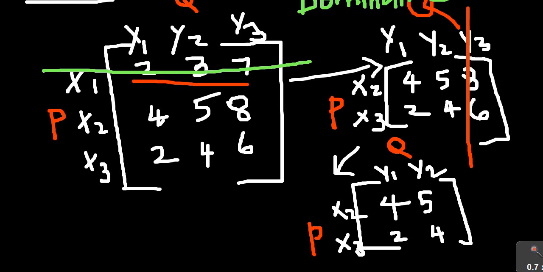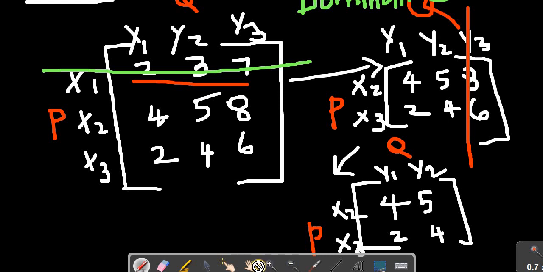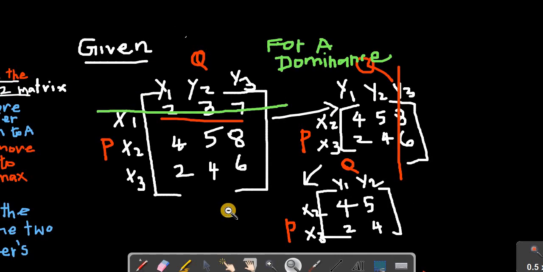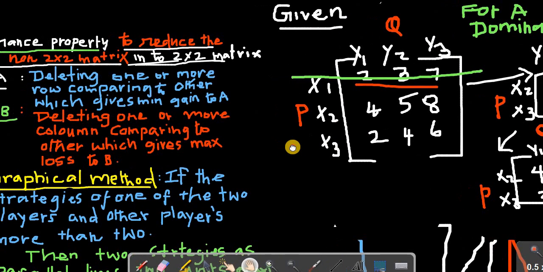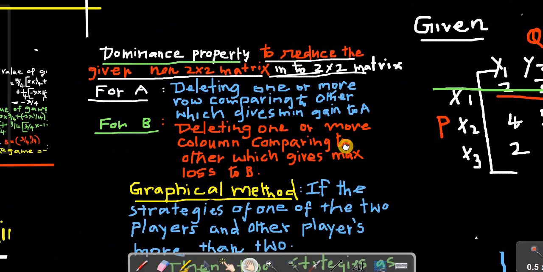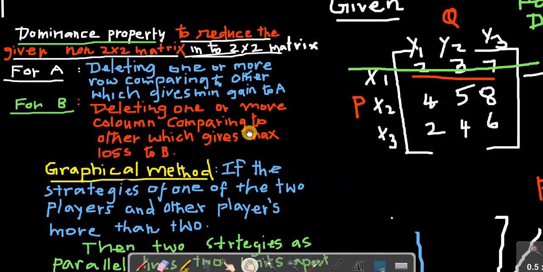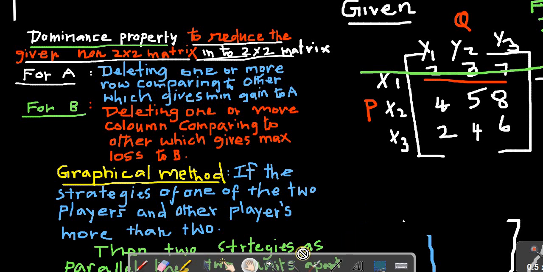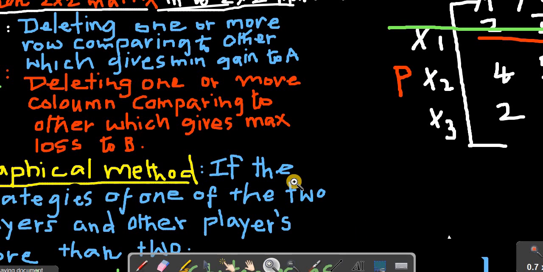So this is a way we can apply the dominance property in game theory, to reduce the given matrix into a 2 by 2 matrix.